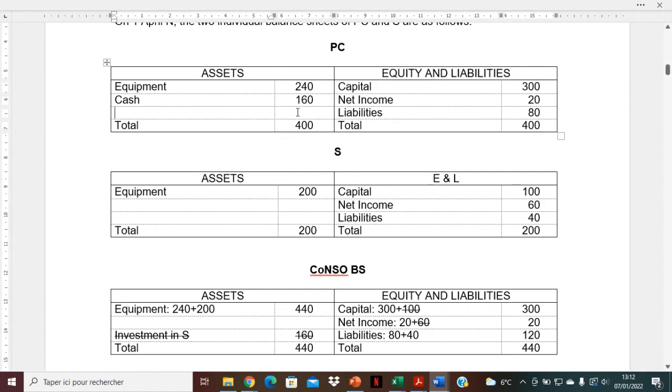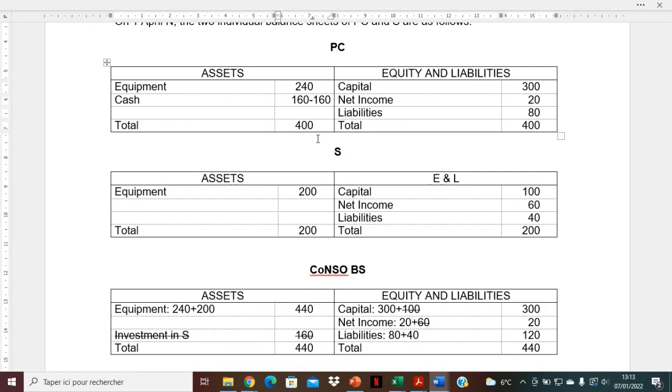Now, how do I present the balance sheet as of April 1st? Well, that means here I work actually only in the balance sheet of the parent company, because the parent company buys all the assets and all the liabilities of S. And for this, the parent company spends 160. So that means here I have, in the A case, the same cash outflow.